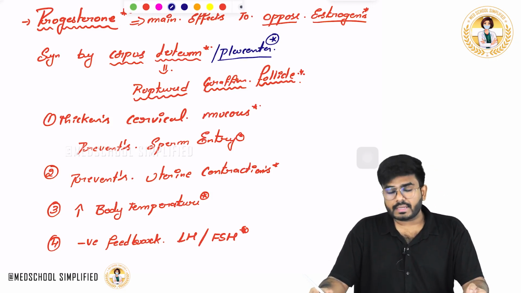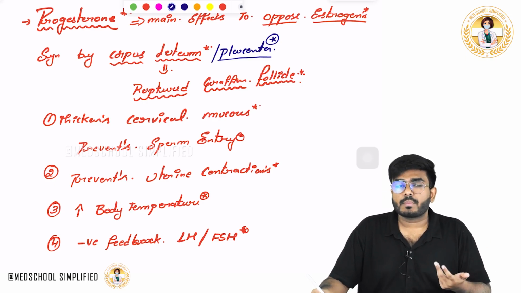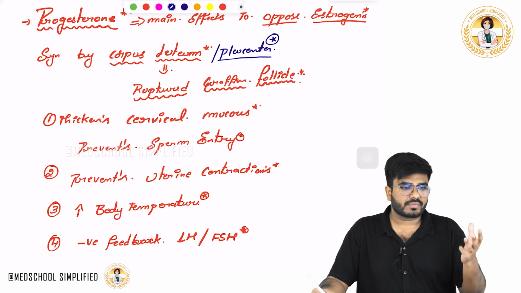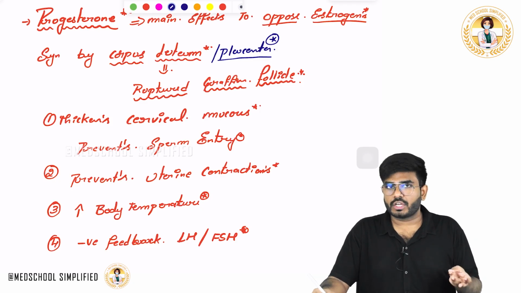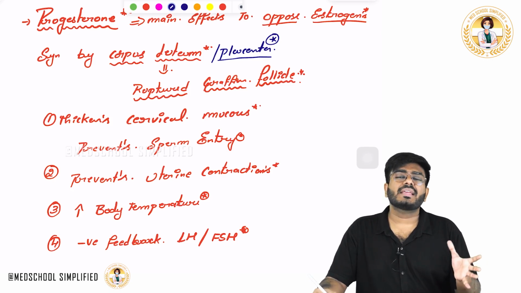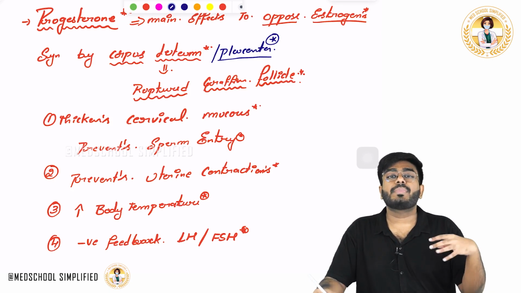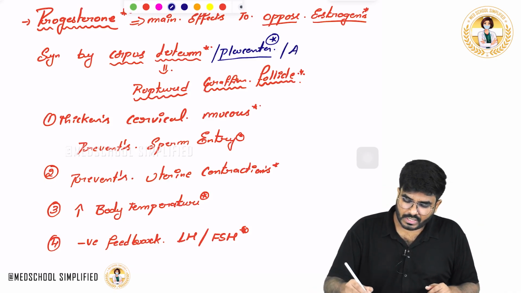Not only that, in males also, it's the adrenal glands which can produce progesterone. In the adrenal glands, progesterone is produced from cholesterol. That progesterone later will be converted into cortisol, aldosterone, and male sex hormones. Progesterone is like a raw material, a precursor for many steroid hormones. So placenta, and not only that, adrenal glands also.